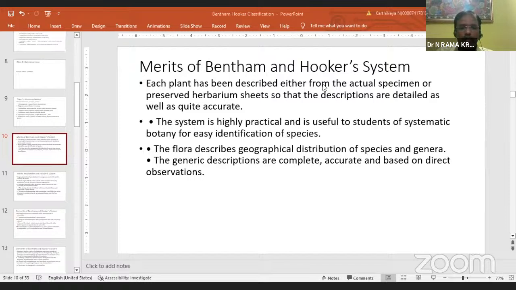What is the meaning of actinomorphic and zygomorphic? Yes, okay. So this is of all the merits.